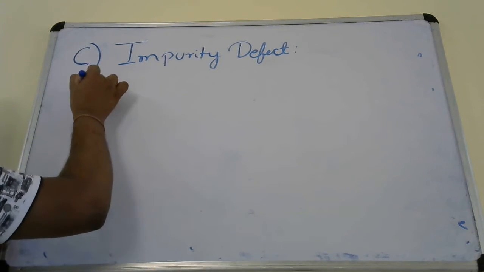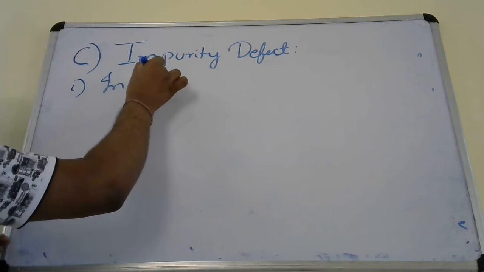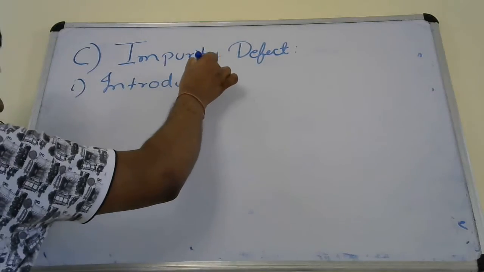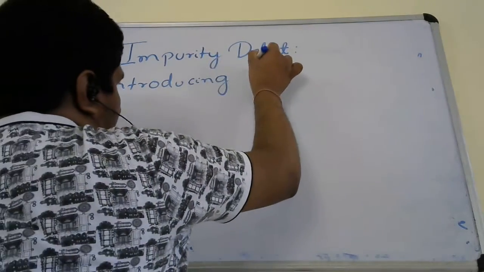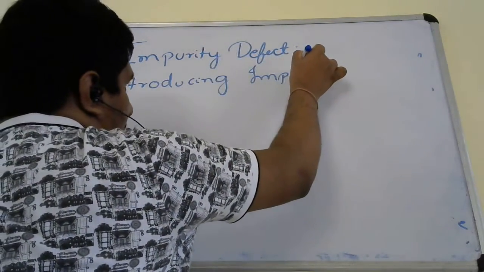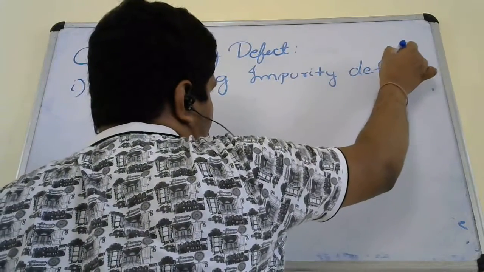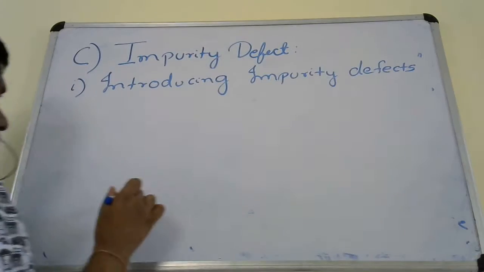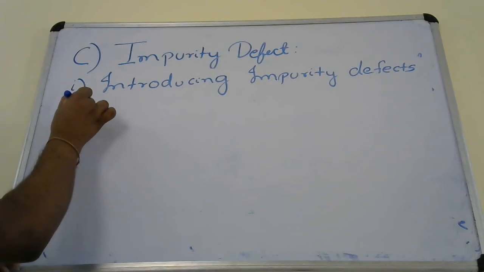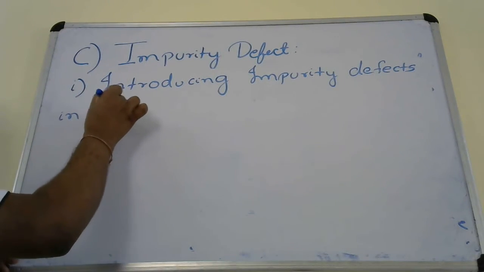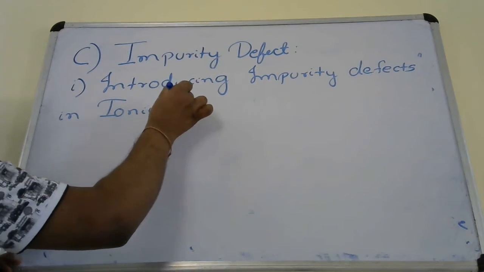First one is introducing impurity defects in ionic solids.